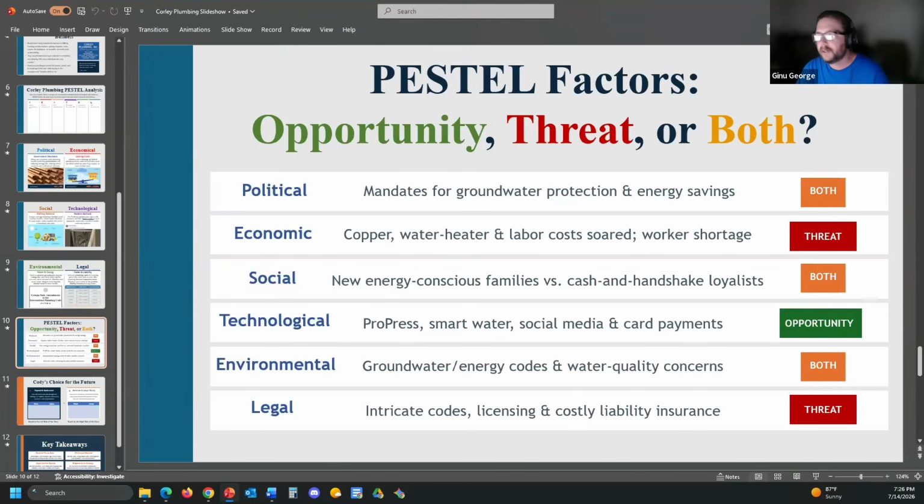So that is both there. It's an opportunity and a threat. Economic factors, right? Copper prices going up, water heater, labor costs going up, worker shortages.